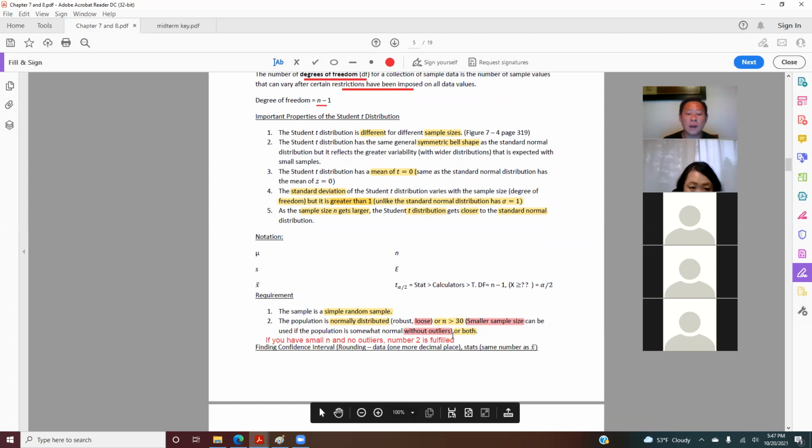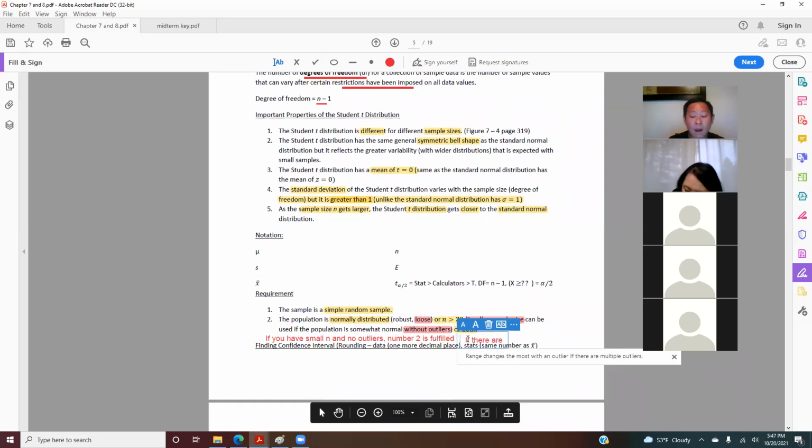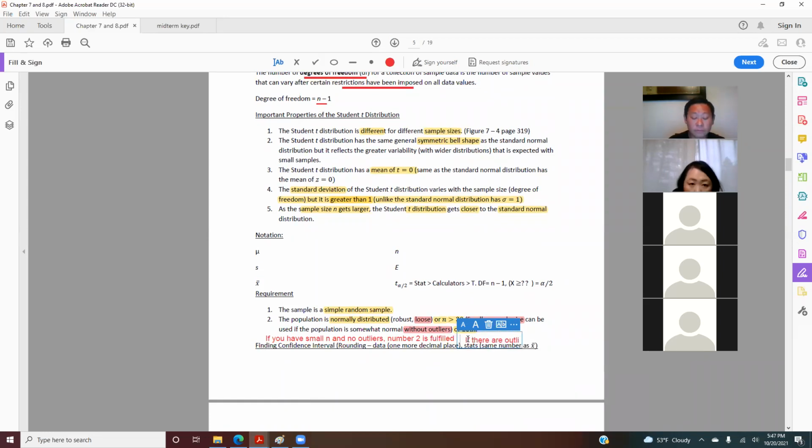So the question is, if there are outliers, number two, the second condition, will be rejected. Okay. So make sure you understand this. This only happens when your n is small.